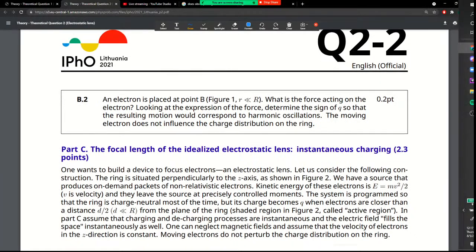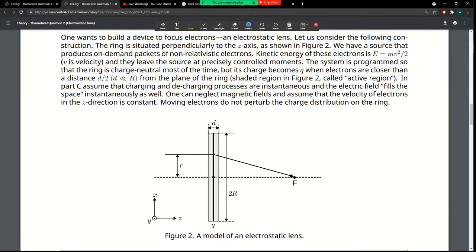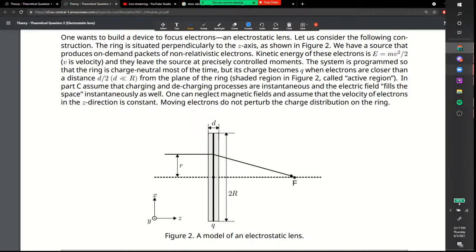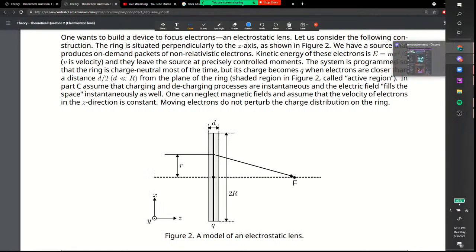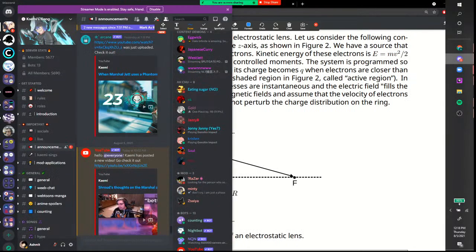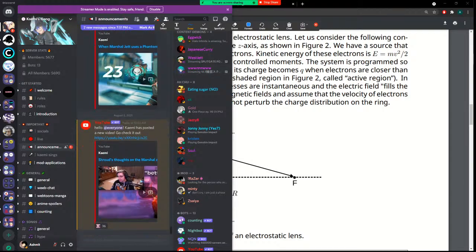Then you can do part C. Okay. One wants to build a device to focus electrons, an electrostatic lens. Let us consider the following construction.